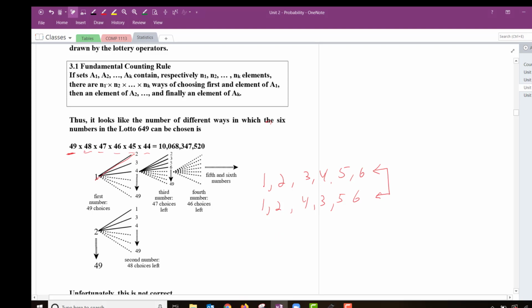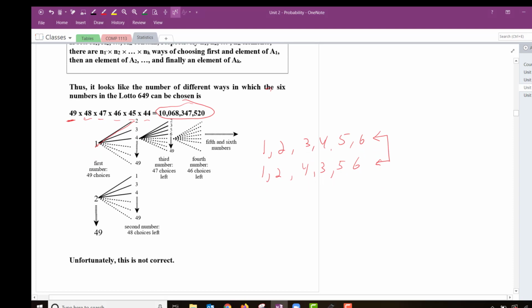I can't even list all the different ways that I could write a group of 6 numbers. And I'm only using 1, 2, 3, 4, 5, 6. Remember, we have 7, 8, 9, 10, all the way up to 49. So I see why this 10 billion has come up, because we've counted each group of 6 multiple times.